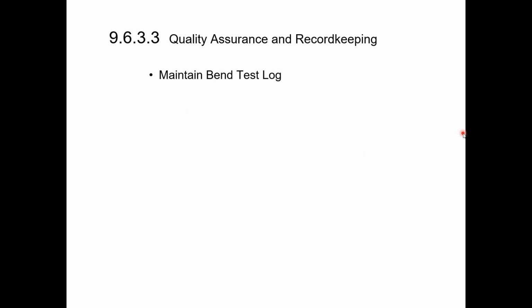I am looking at embed plates, looking at welds on embed plates, measuring those plates, and I'm asking for drawings to compare to make sure dimensionally they're all okay, the right rebar, the right studs were used, and so forth. But I'm also asking for what we will commonly call the stud bend test log.